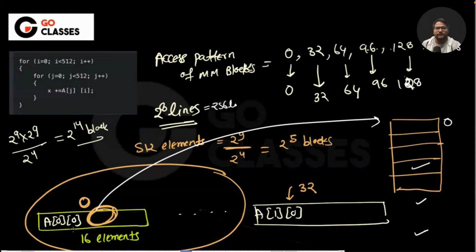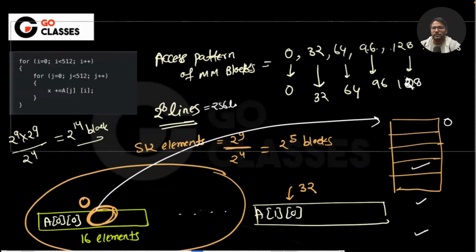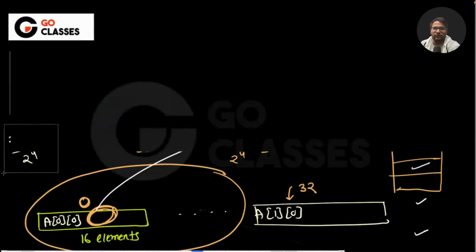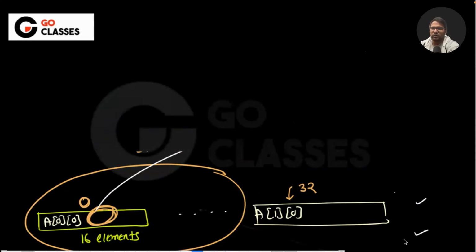So let me just go to the next page and try to explain what I'm saying. See, the very first element you are accessing is A00, and then you are accessing A10, right? So you are accessing something from this particular block.